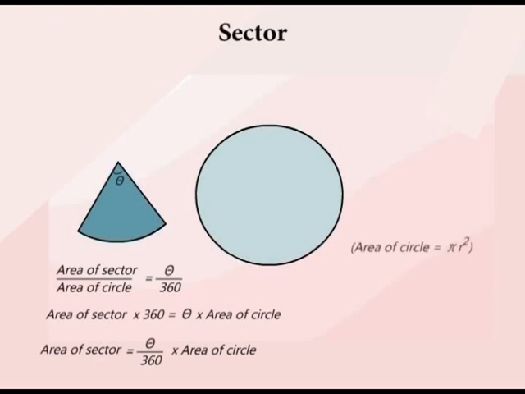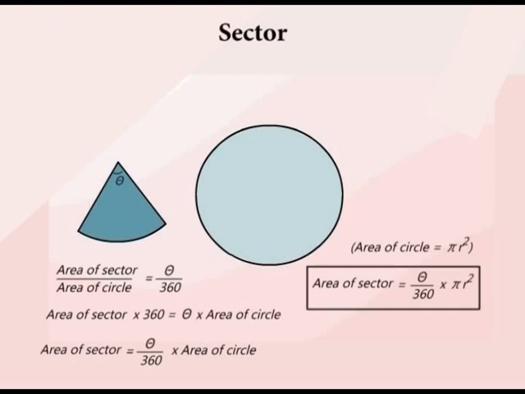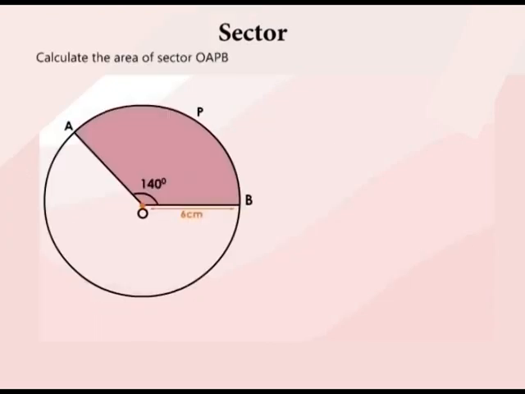Area of a circle is given by pi r squared, and so area of a sector is equal to theta over 360 times pi r squared. For example, given a circle of radius 6 centimeters and a central angle of 140 degrees, we can find the area of the sector OAPB.